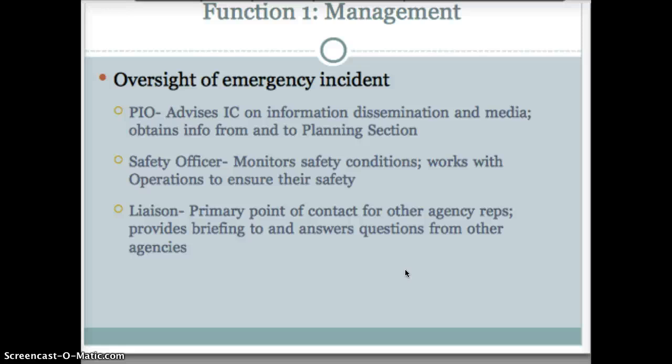Again, the safety issues will vary from incident to incident, but important ones are where there's gas or places where you might have to evacuate people, like chlorine gas explosion or something like that. So, yeah, that's an important position. The liaison is the primary point of contact for the other agency reps, as well as interfunction rep, as I said before. It provides briefing and answers questions from other agencies.